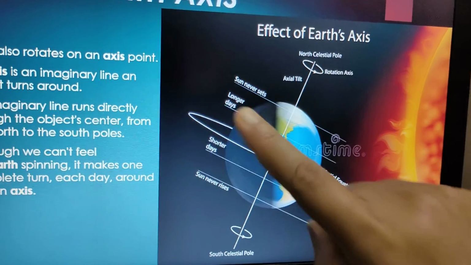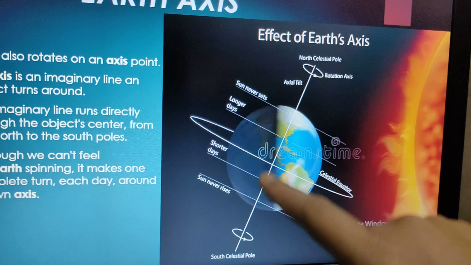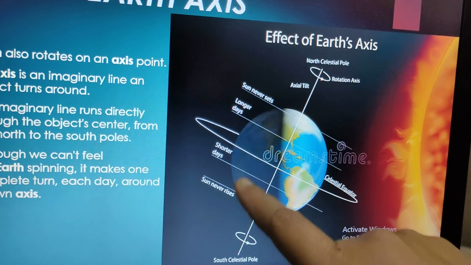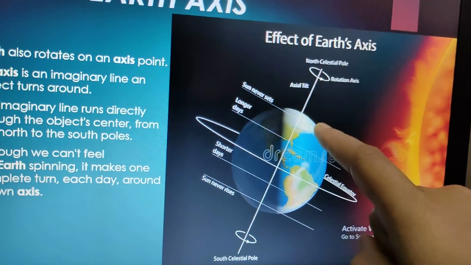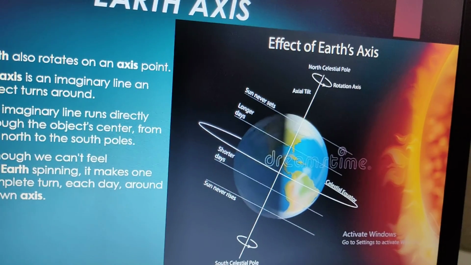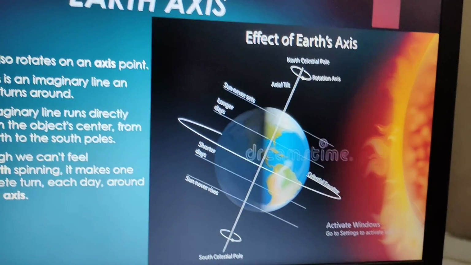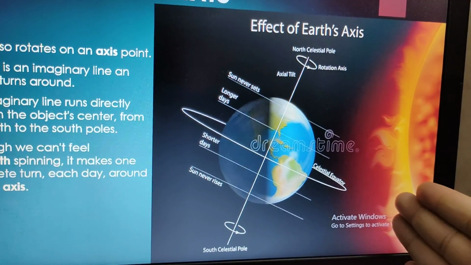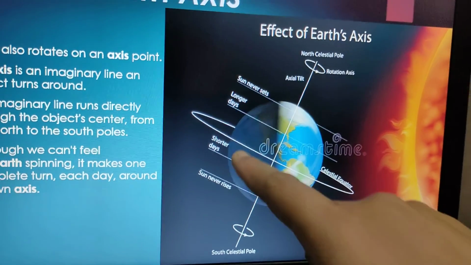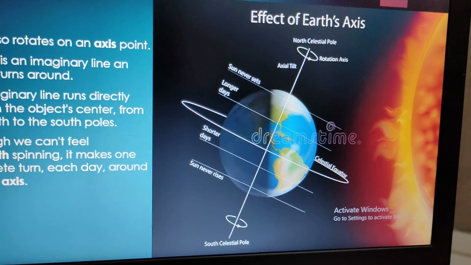This part is not receiving sunlight, so it is having night. You also see longer days, shorter days, and sun never rises, according to the divisions at the equator and the tropics, with the frigid zones at the poles. This portion is receiving sunlight and having day. This portion is not receiving sunlight and is having night.